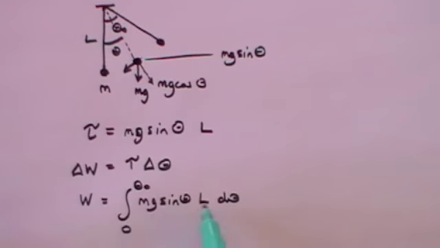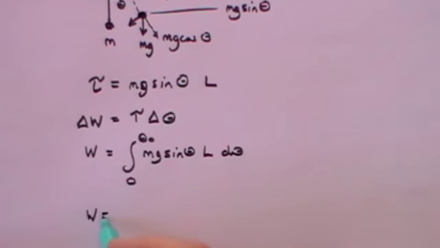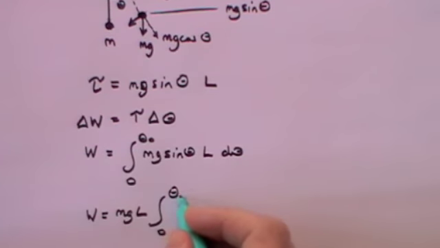Well, m and g and L are all constants, so they can come outside the integral. And that leaves us now an integral between naught and theta naught of what's left, which is sine theta d theta.